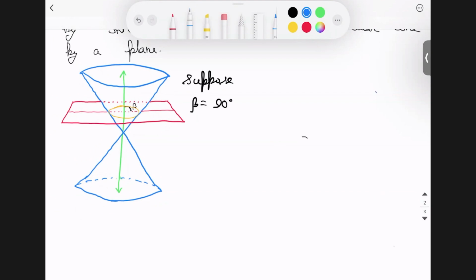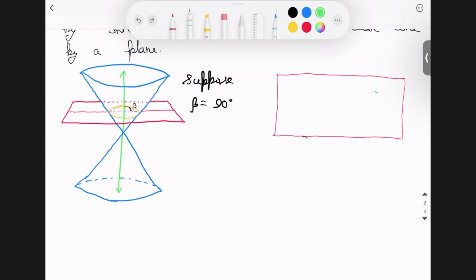Okay, so this is our plane. Suppose this is our plane, and due to this conic section, if we see from the top position, then we will see it like this.